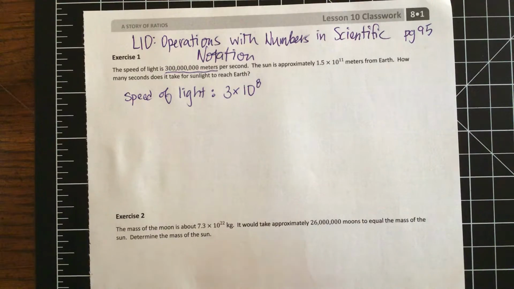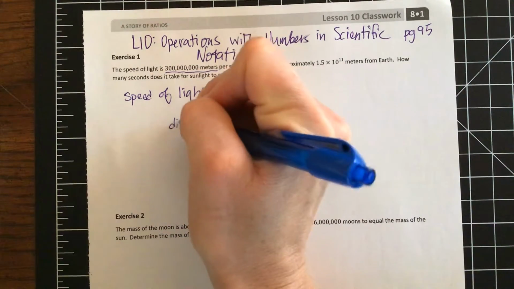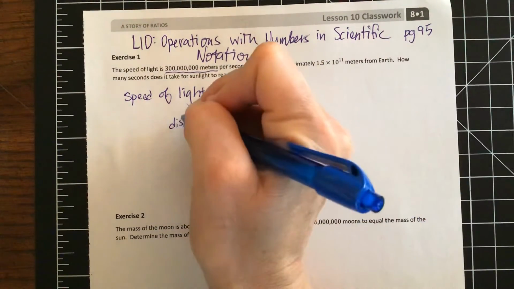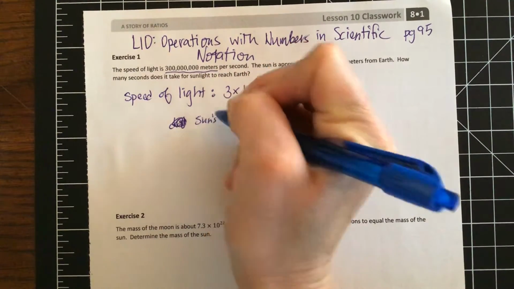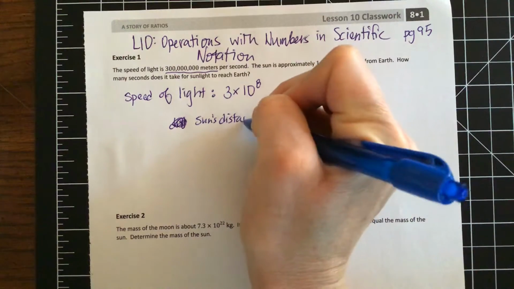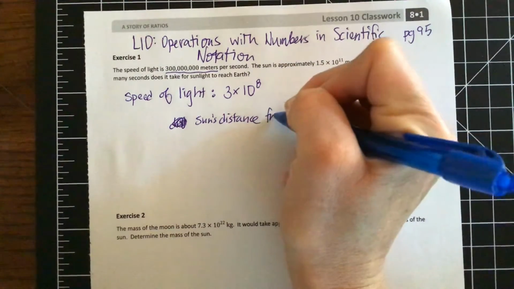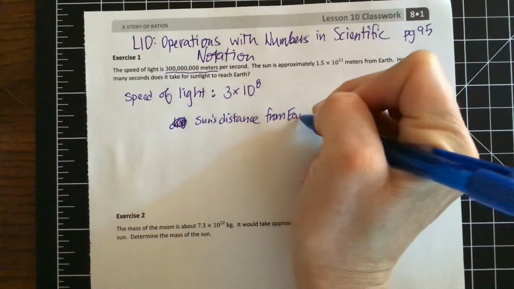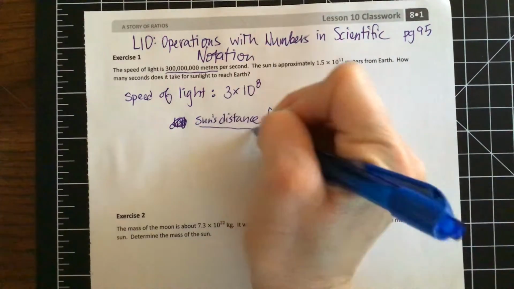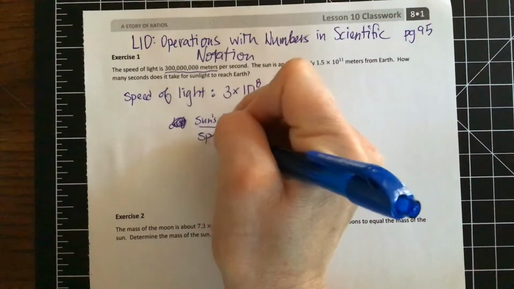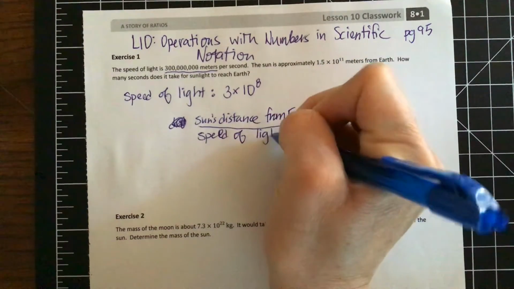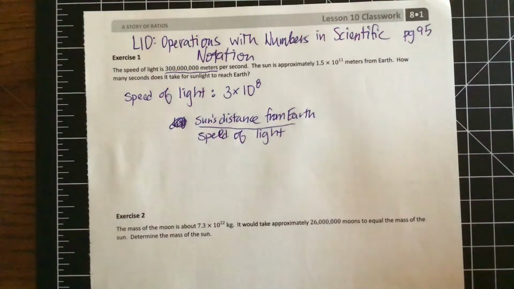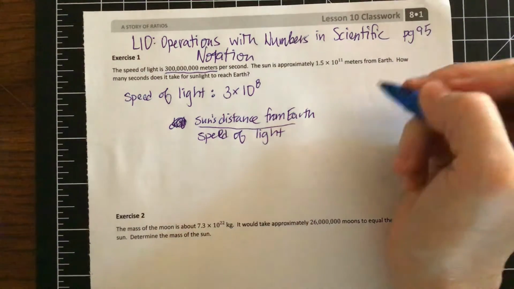And now if we take the sun's distance from Earth, and we divide it by the speed of light, then we should get how many seconds it takes for sunlight to reach Earth.